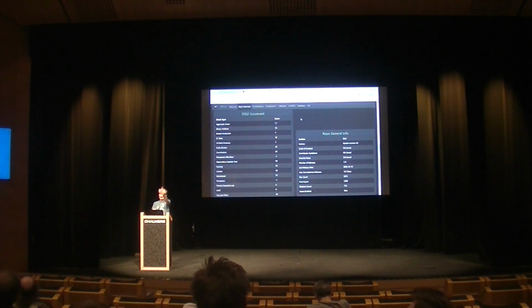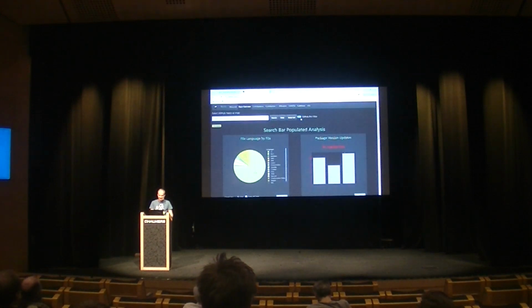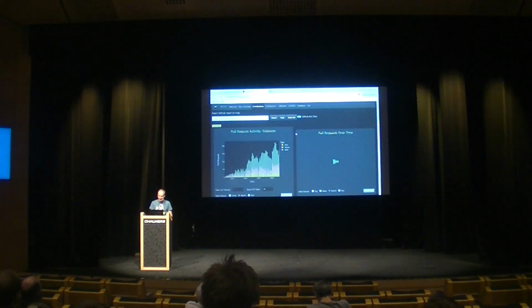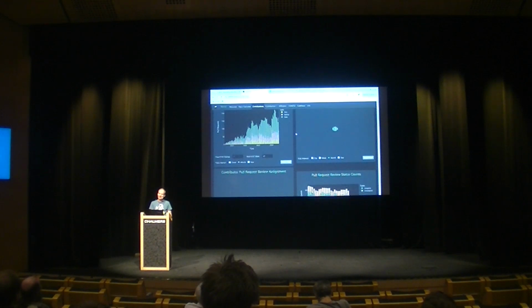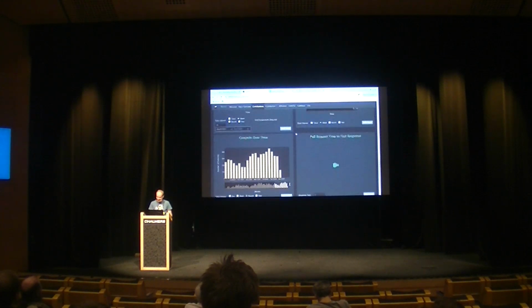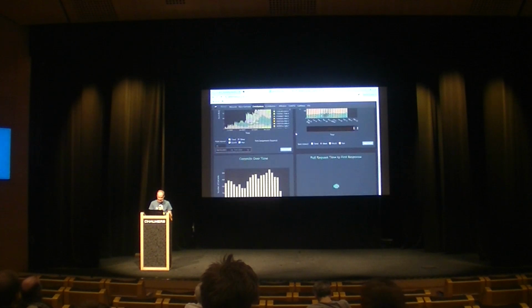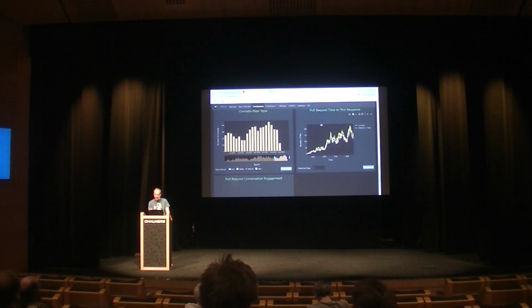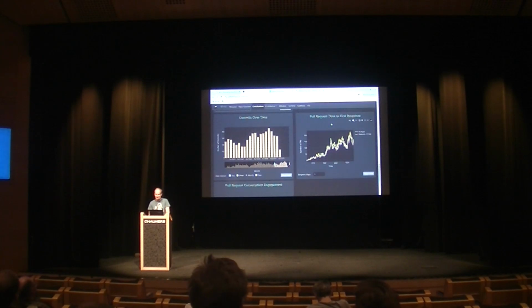Thank you. You're welcome. So this is general info, but if we dive a little into the details, we can spot some of the essential metrics that I mentioned a couple of minutes ago. You can see here commits over time, issue assignments, and this is interesting: pull request time to first response. We can see that this project is handling pull requests very well.